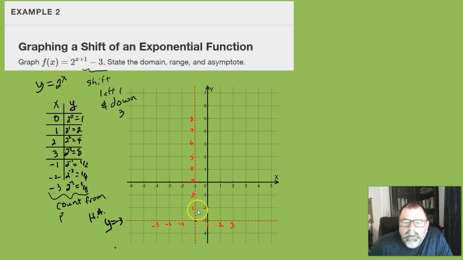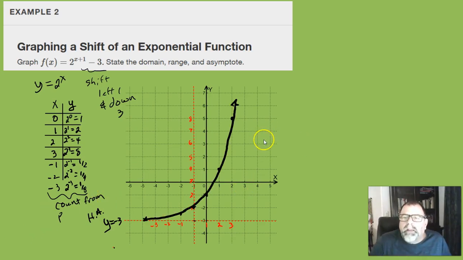So 0, 1, go back to the pretend origin, 1, 2, back to the pretend origin, 2, 4, 3, 8, and then negative 1, 1/2, 1/4, 1/8, and then draw my graph. Okay, so we get that exponential growth curve there.